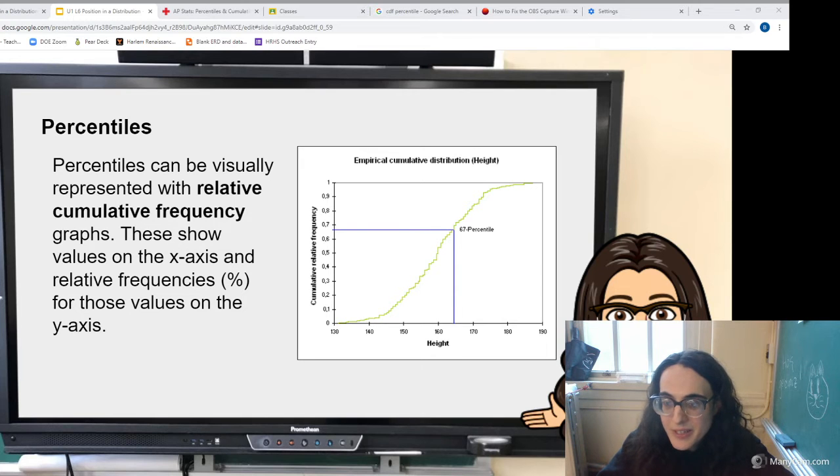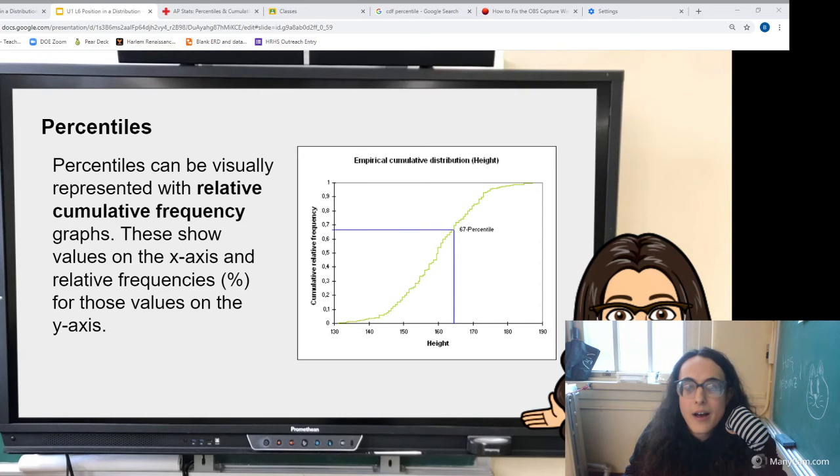There's probably only about 2 or 3% of people who are less heavy than you. When we get up to 150, we go up, and then we go across to the y-axis, it comes in at a little less than 20%. When we get up to 160, we go up and we go across, and we're getting close to about 50%.